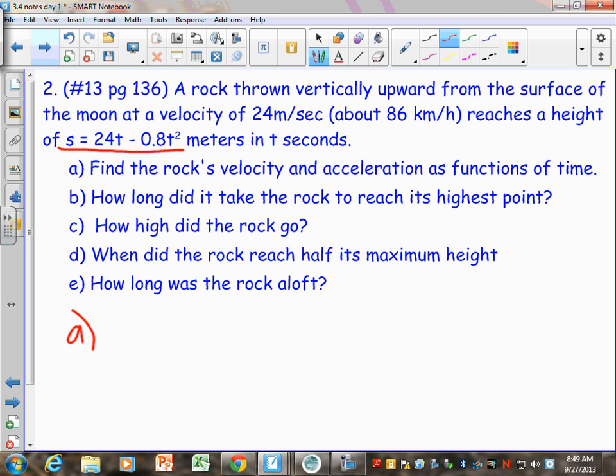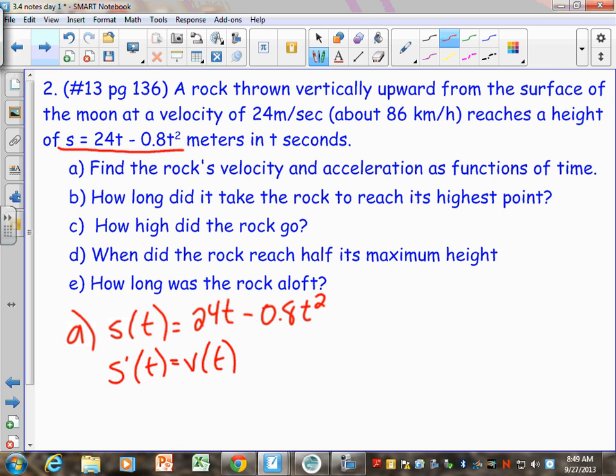So, if this is my function, s of t equals 24t minus 0.8t squared, if I want to find my velocity function, I'm going to take the derivative of s of t, and I'm just going to write that as v of t.